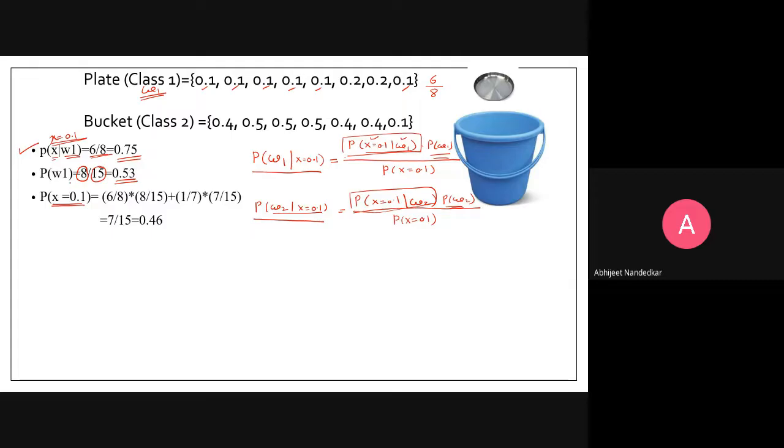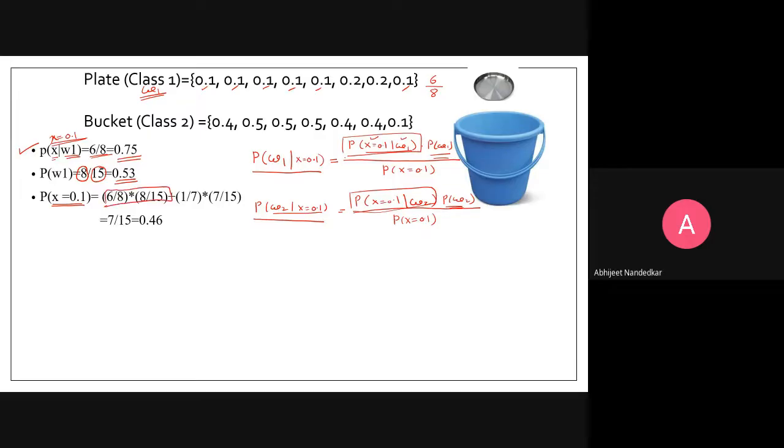Then probability of omega 1, how many times omega 1 objects are appearing in the total domain. So it is 8 by 15. Then I compute probability of x is equal to 0.1 itself. So this is equal to 6 by 8 into 8 by 15.